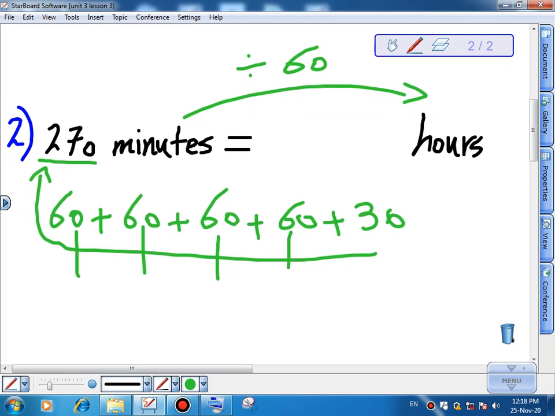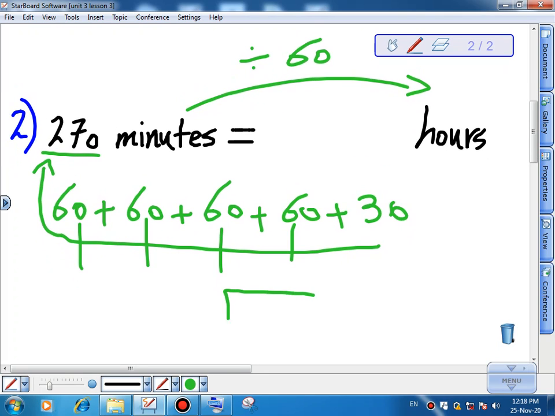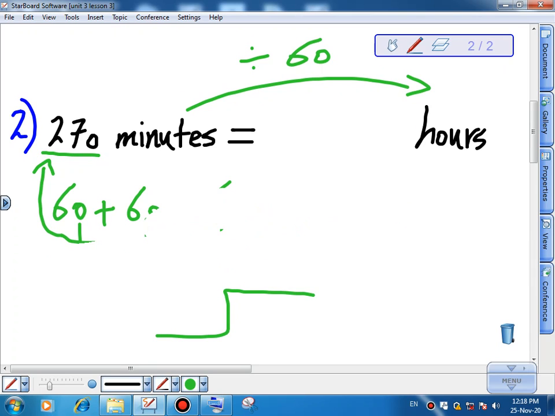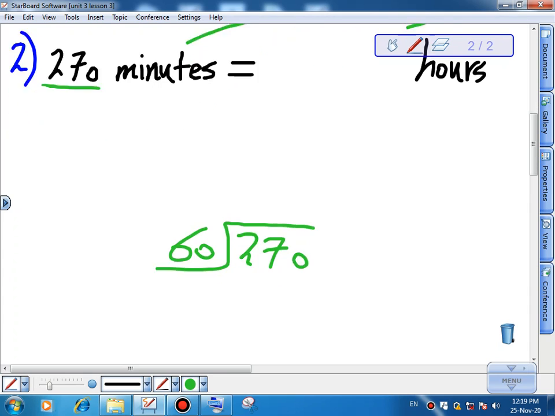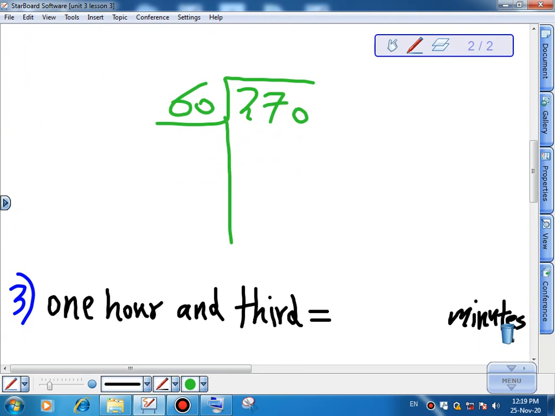Or we will divide as we do in the previous example. 270 divided by 60. We search for 270 in the timetable of number 60.